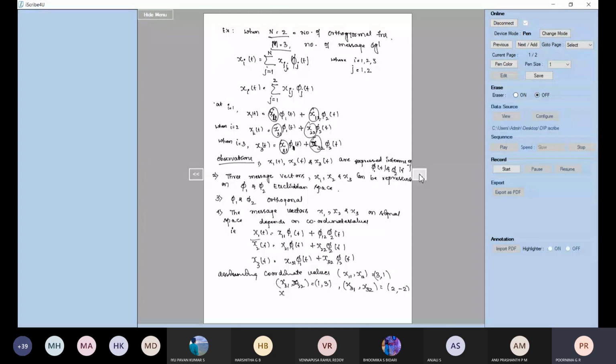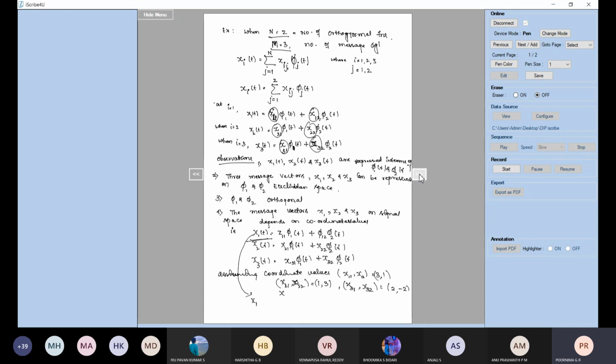Suppose you are deriving the message vector x1. x1 is the message vector of x1 of t.